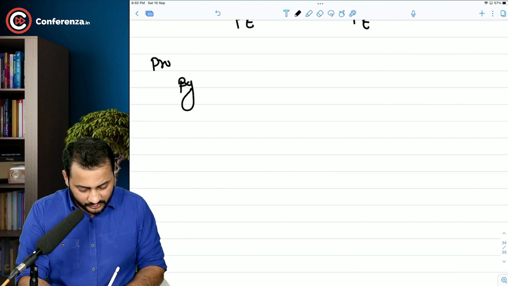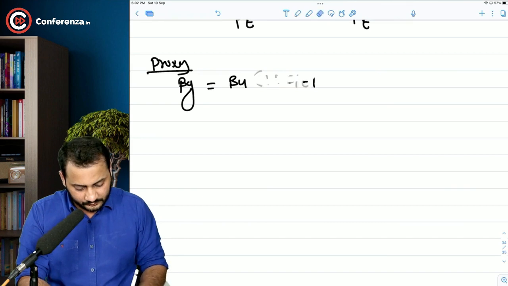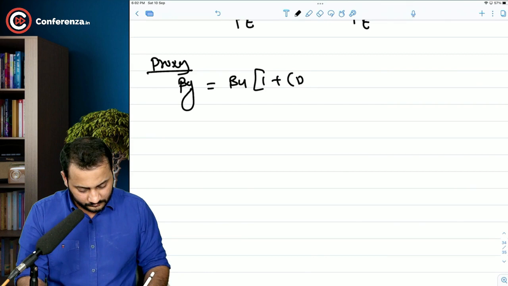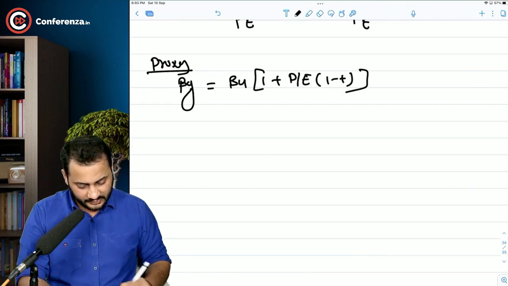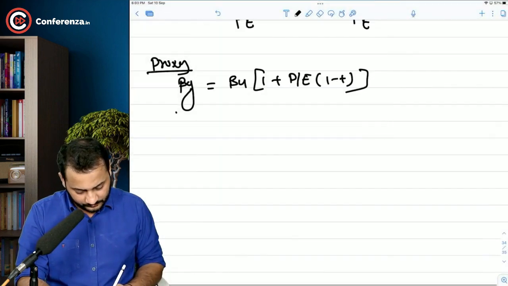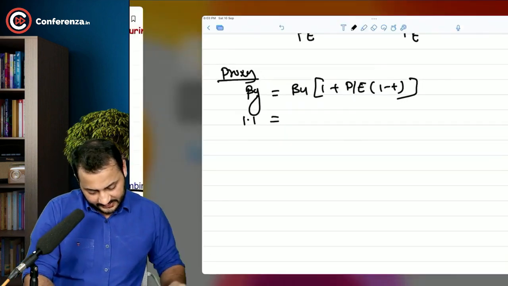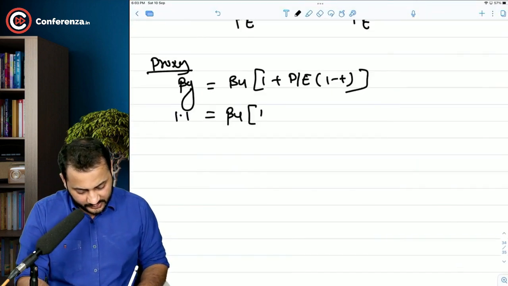for the proxy, geared beta is equal to ungeared beta times 1 plus debt equity ratio times one minus tax, right? So what is the geared beta? 1.1. What is the tax rate? 30%. So we will find out the ungeared beta out of it.